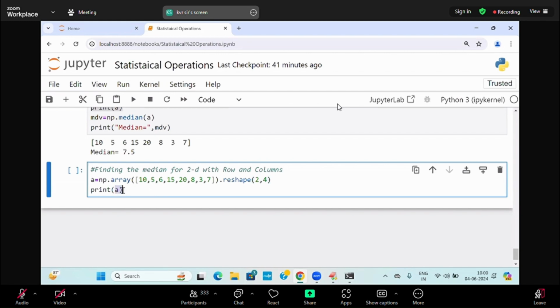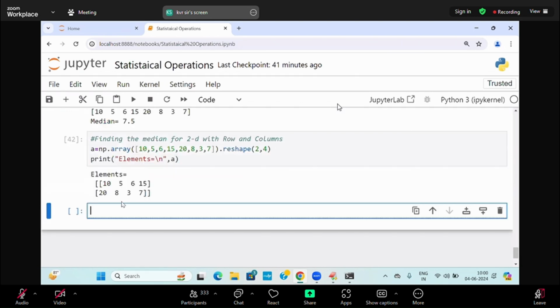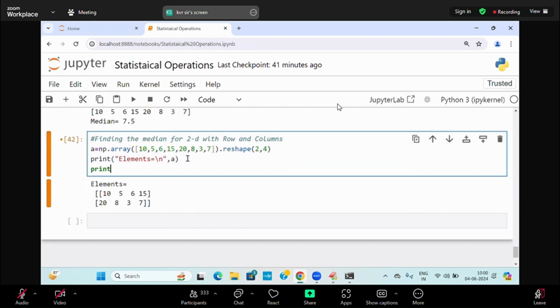If you print it, elements is equal to, now I'm writing here, A. So I'll say this data. For this, I want to find the median as well as the mode. How do I find the median? I'll take this data.